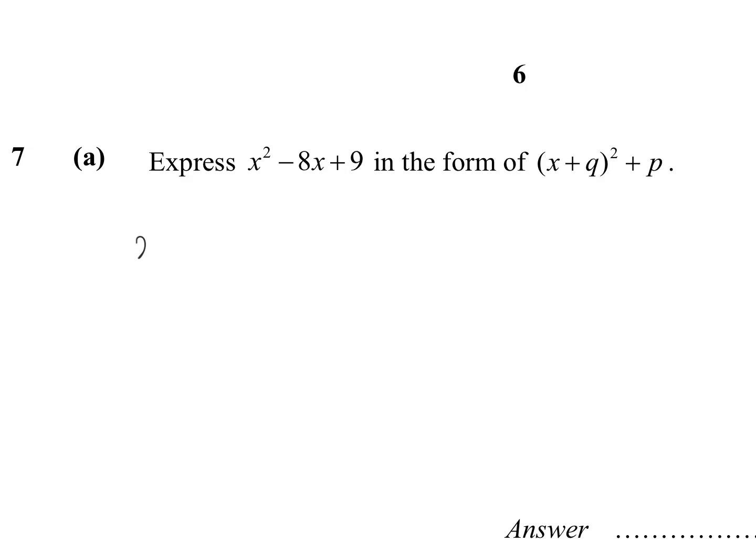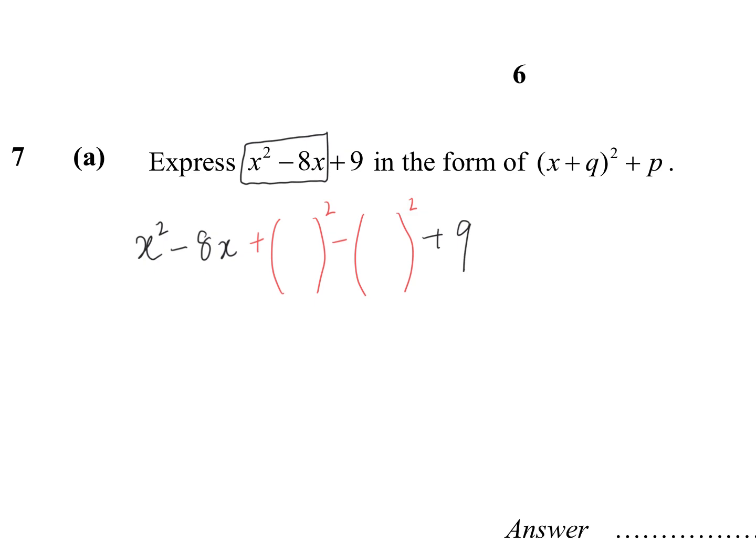What is that method called? Completing the square. So remember the first 2 you write first. The +9 you write behind. Then you add in a 0 pair. Okay, so this is called completing the square.